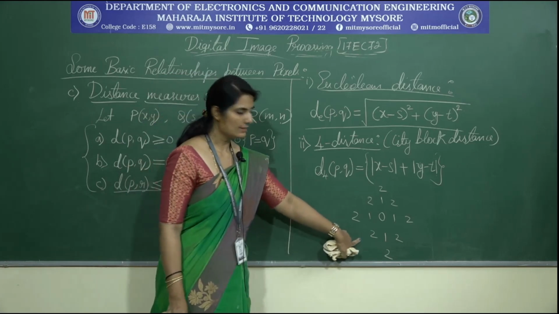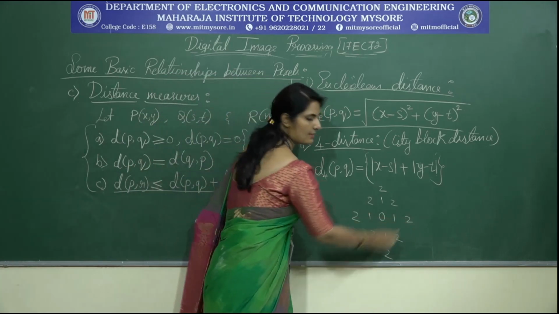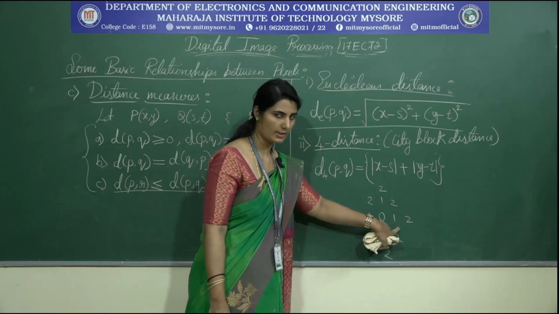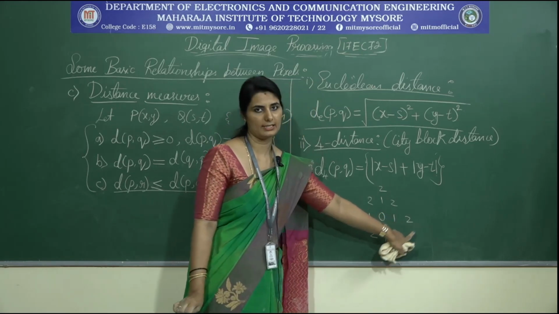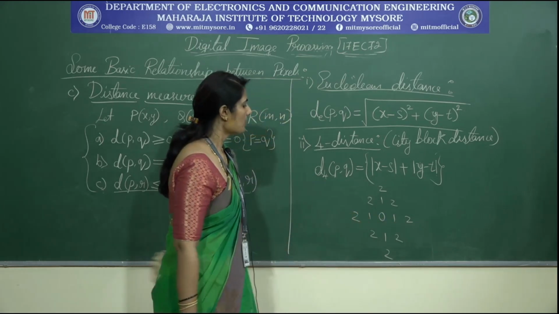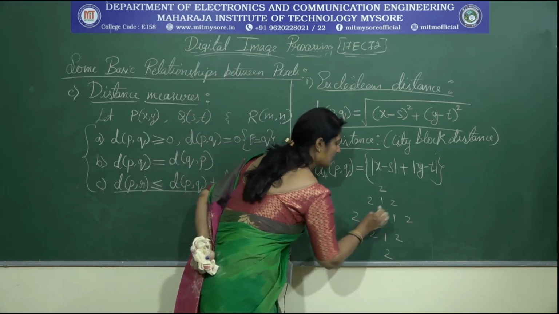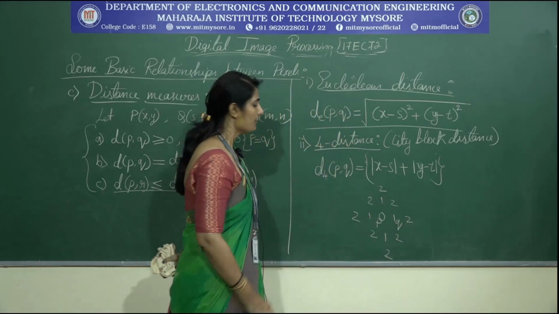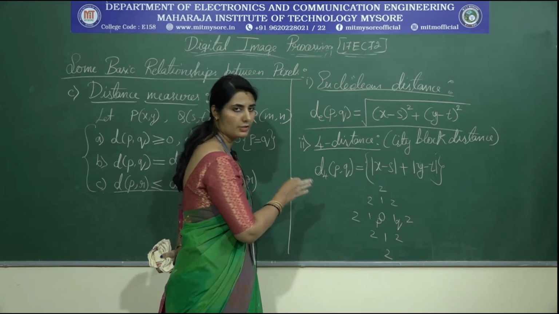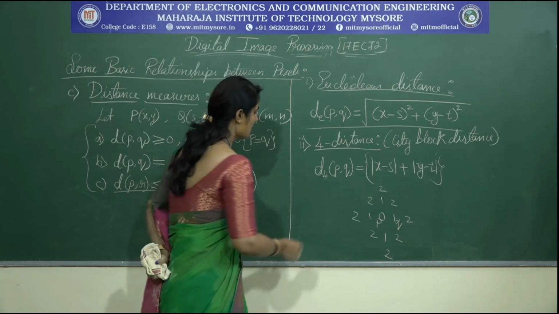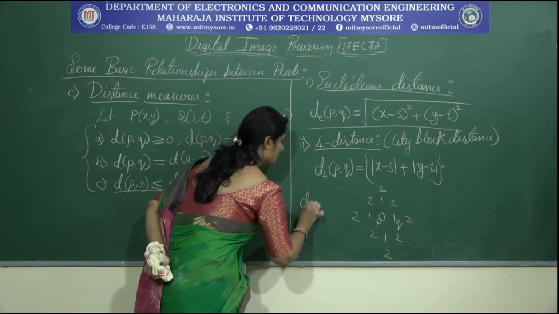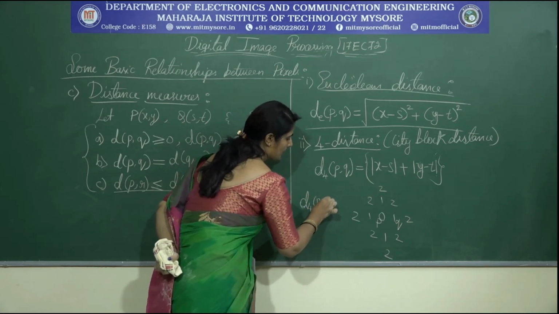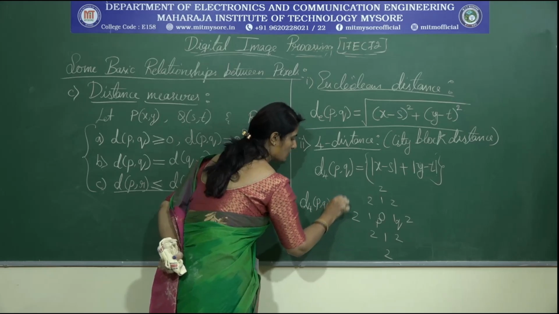So now look at this. These are all pixels. This pixel has intensity value 0, this pixel has intensity value 1, and this pixel has intensity value 2. Suppose now let this pixel be P and let this pixel be Q. When do we say that Q is the D4 distance of P? If D4 of P comma Q is equal to 1.